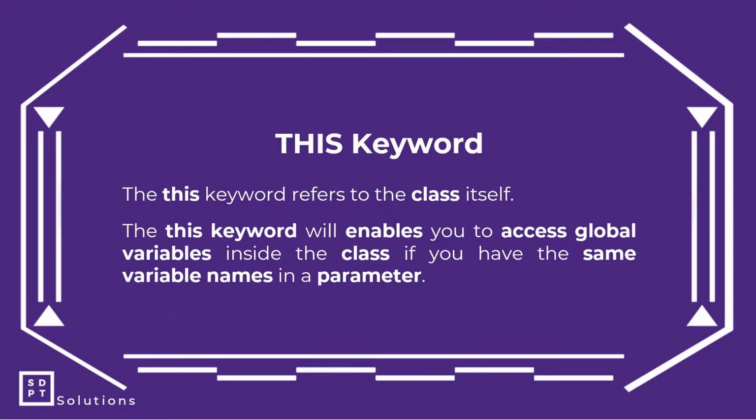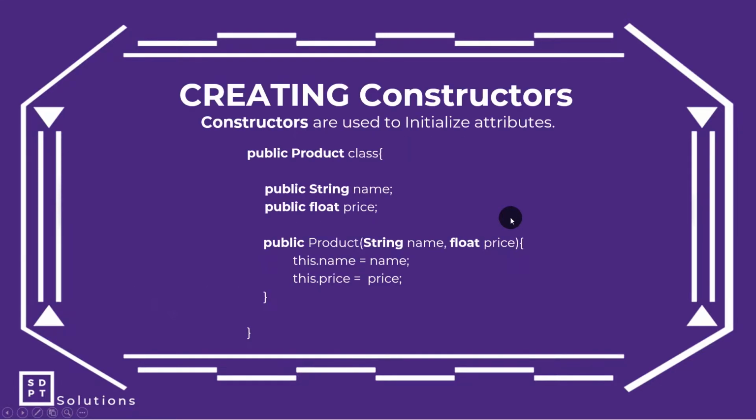Yung this keyword is nagre-refer siya dun sa class itself. So, the this keyword will enable you to access the global variables inside the class if you have the same variable names in a parameter. So, for example, eto. Hindi nyo siguro naintindihan kasi medyo magulo nga, masyado siyang technical.